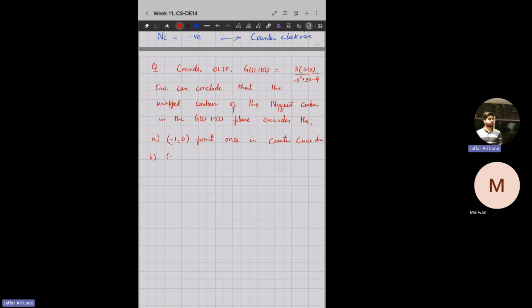Option B: minus 1 comma 0 point once in the clockwise direction. Option C: the origin, that is 0 comma 0, once in the clockwise direction. Option D: the origin once in the counterclockwise direction.